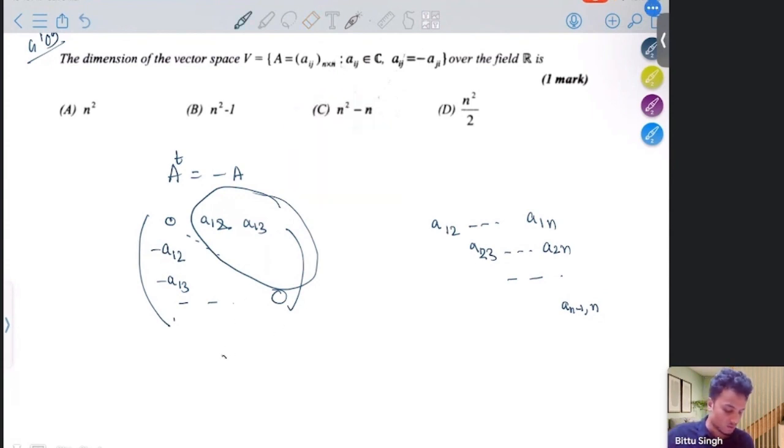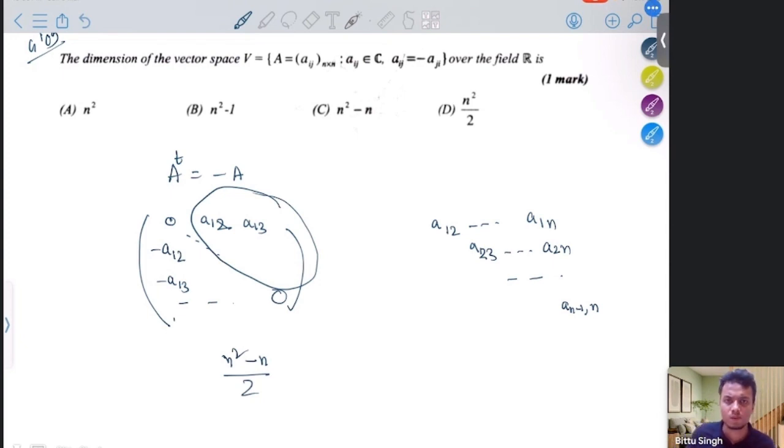The size of this matrix is n square, so there are n square many entries. Now if we remove the diagonal entries, because diagonals are zeros, then there are n square minus n entries. So above the diagonal there are (n square minus n) by 2 entries, right?